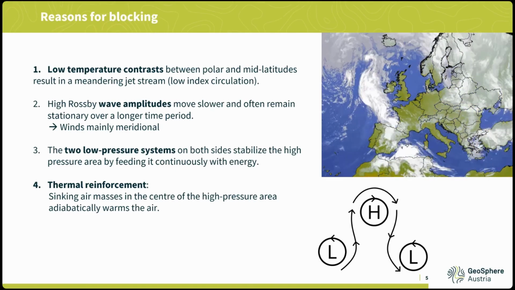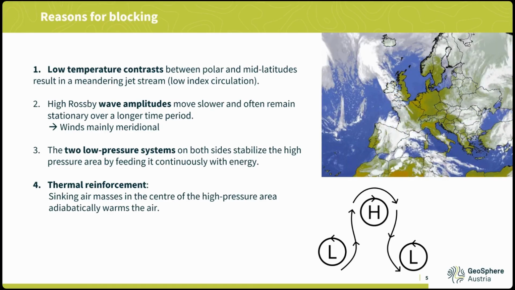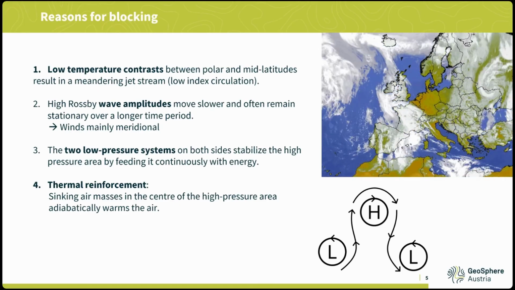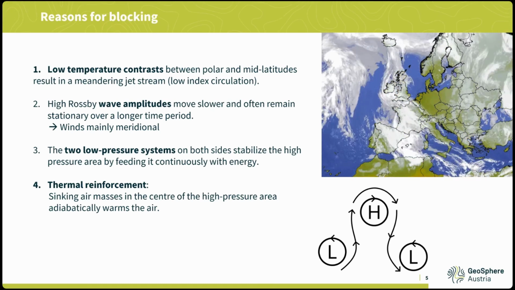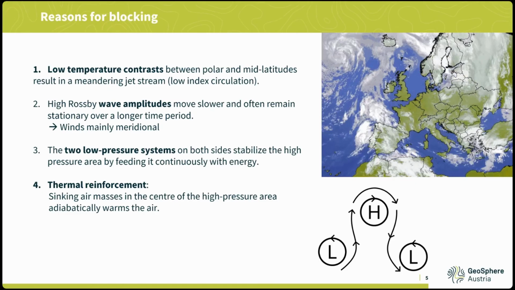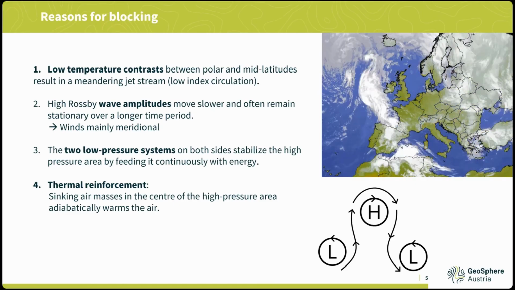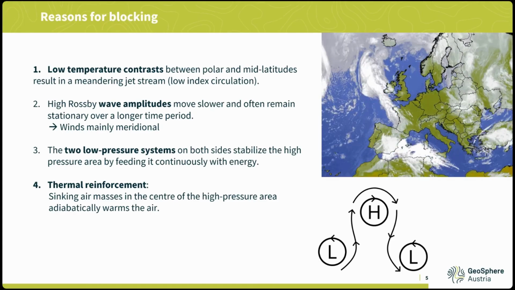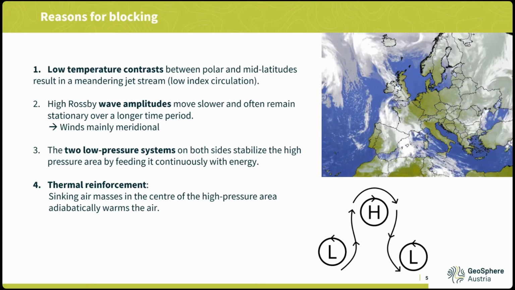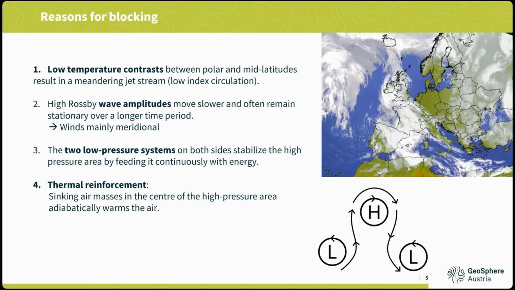That is because the temperature contrast between the polar region and the mid-latitude regions is not very high. The jet follows the Rossby waves, so we have high amplitudes of the Rossby waves, and if this is the case, then Rossby waves do not move very fast. If the Rossby wave is short, then it moves faster, but long, high amplitude waves do not usually move that fast and tend to be stationary. And the winds are mainly meridional, so from northern or southern directions.